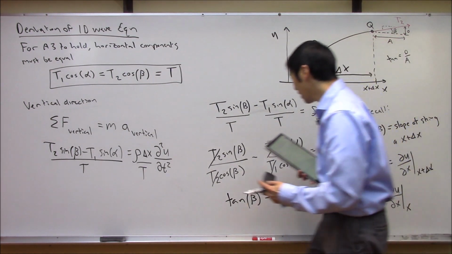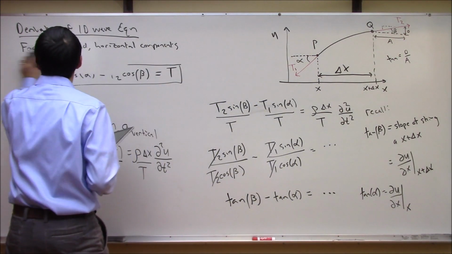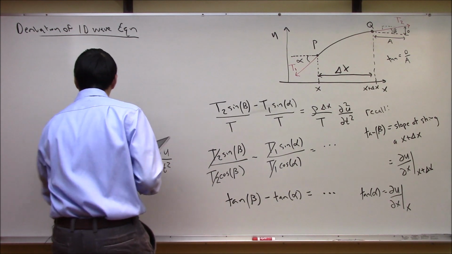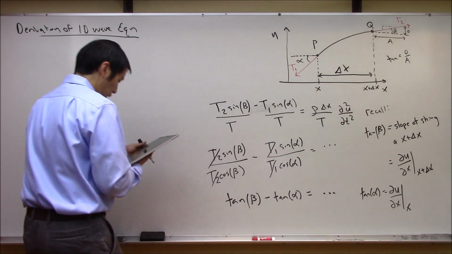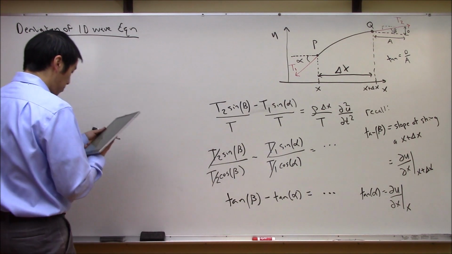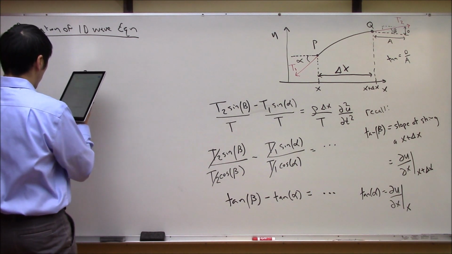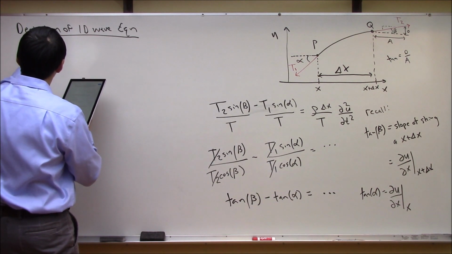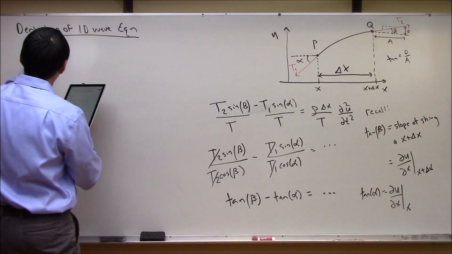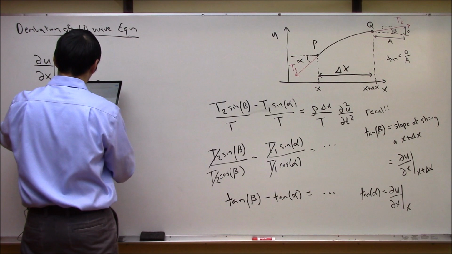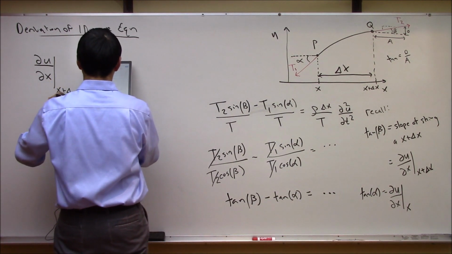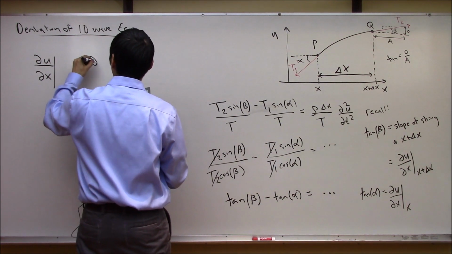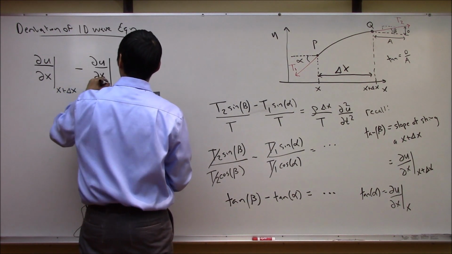So replacing that into our expression, let's erase some of this and see where we end up. Tangent beta minus tangent alpha is the partial of u with respect to x at x plus delta x, minus the partial of u with respect to x evaluated at x.